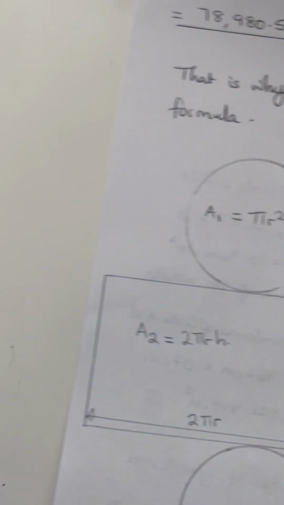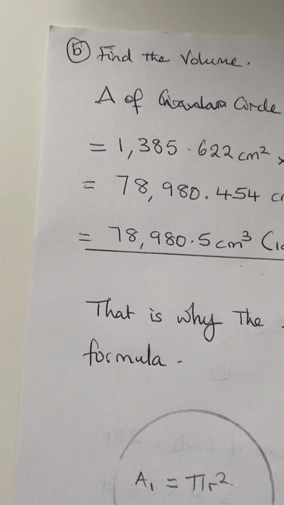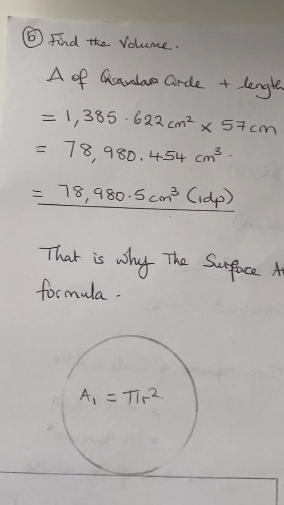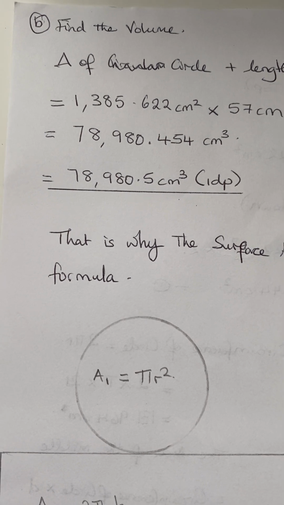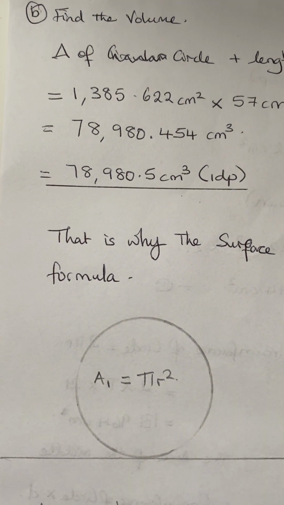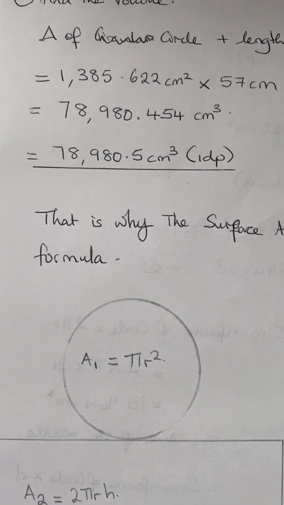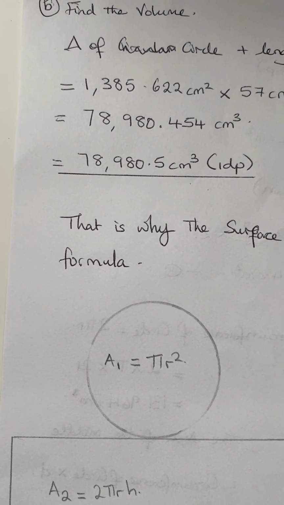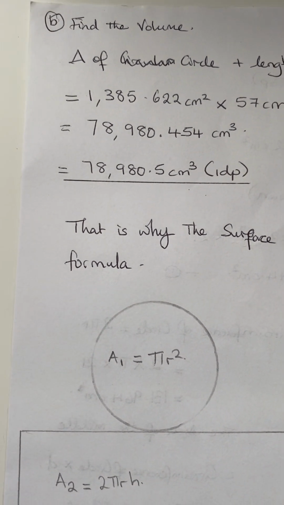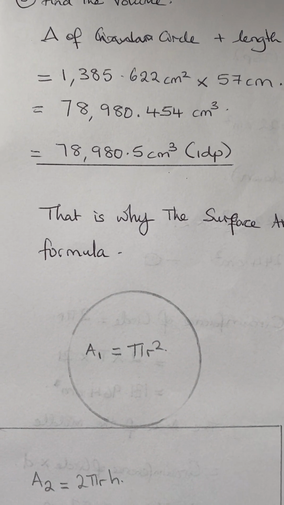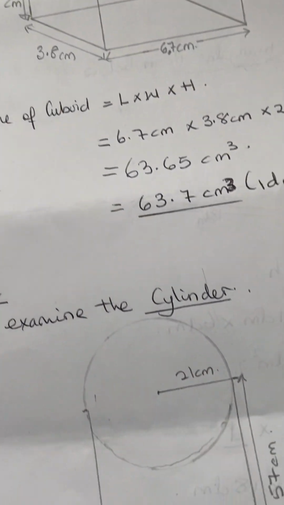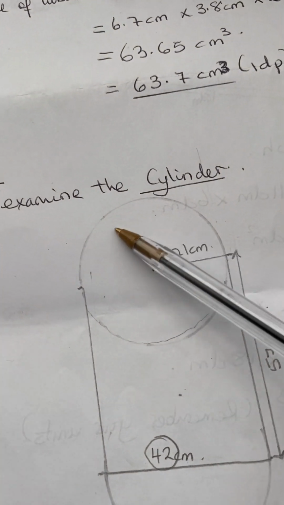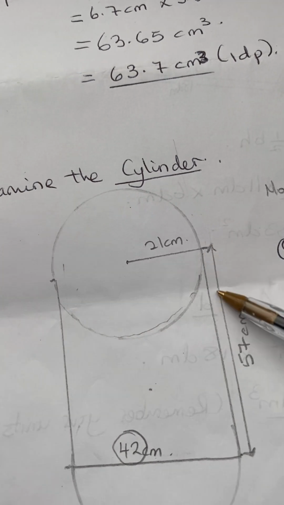Now let's go ahead and look at the volume, which is easy. Remember, to find the volume of the prism, you find the area of the triangular parts, and then you multiply by the width. Same here, you find the area of this bit and multiply by the length.